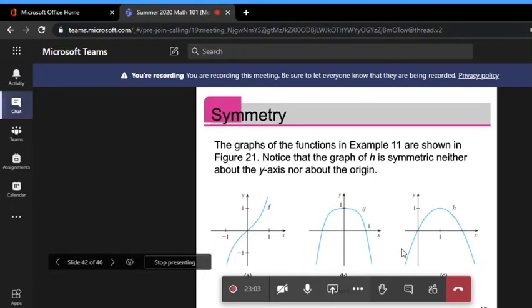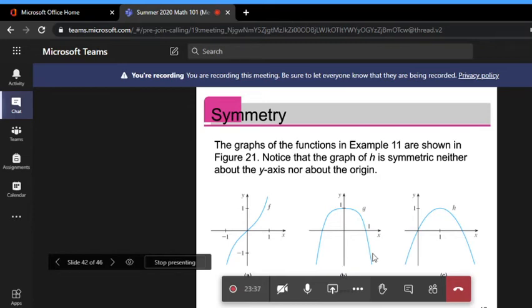Next, by looking at the graphs, maybe we can say something about the symmetry. If you look at the first graph, it is like x cubed, right? So this is symmetric with respect to the origin. So we are going to say this first example A is an odd function. Let's look at G. G is symmetric with respect to the y-axis. Whenever a function is symmetric with respect to the y-axis, it is an even function.